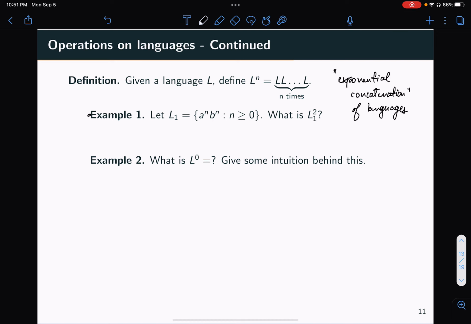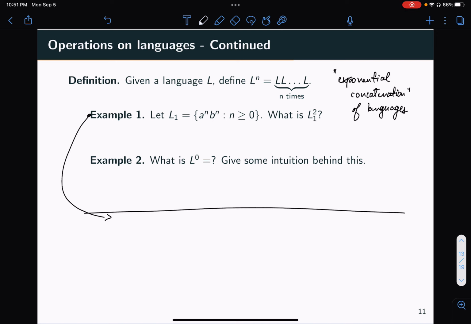So, for example, I'm actually going to need a bit more space for this. So if I have L1 is A to the n B to the n, right? So what does L1 look like? Well, A0 B0 is lambda, then A1 B1, so that's AB, then A2 B2, then A3 B3, and so on, right?